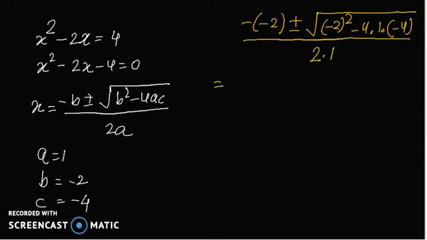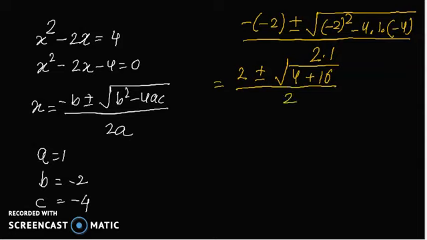Now this will be minus and minus plus 2 plus minus 2 square is 4 and minus 4 times minus 4 is 16, so upon 2.